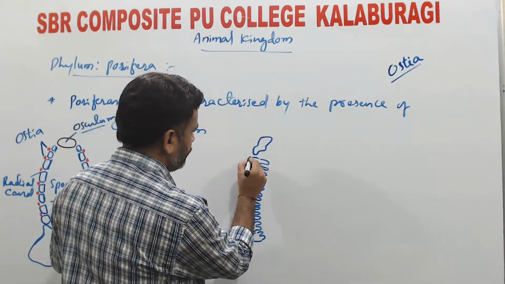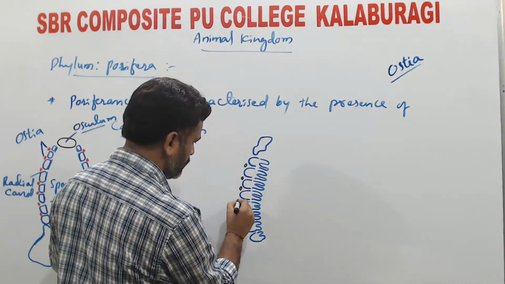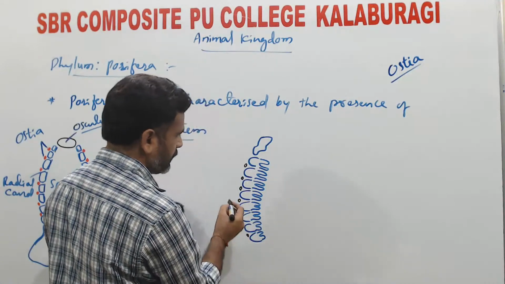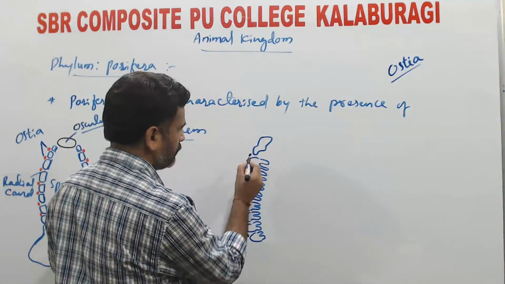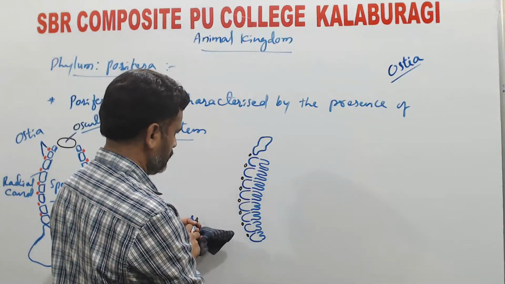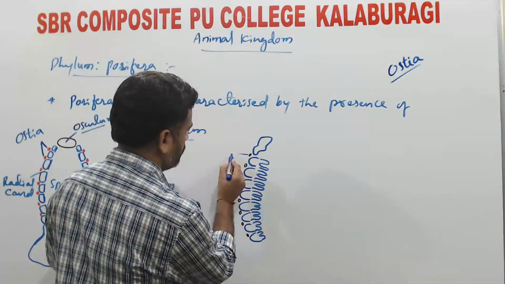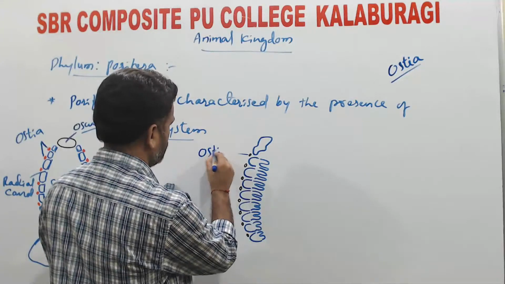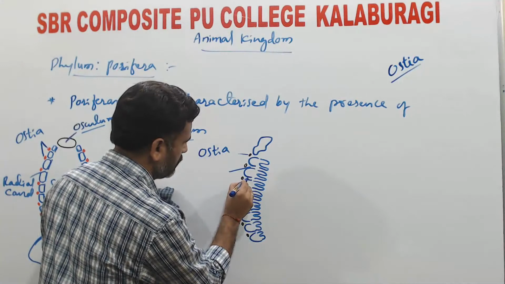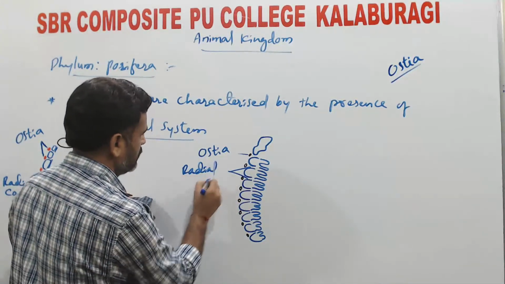Here are the ostia. This one is the radial canal.